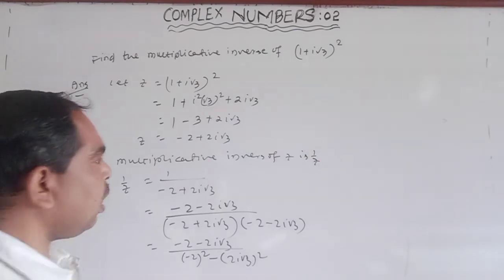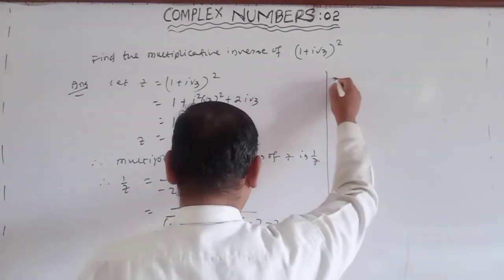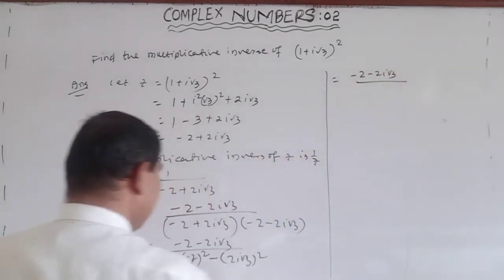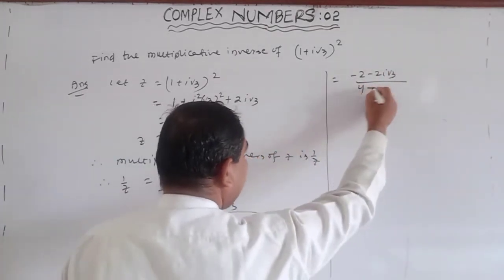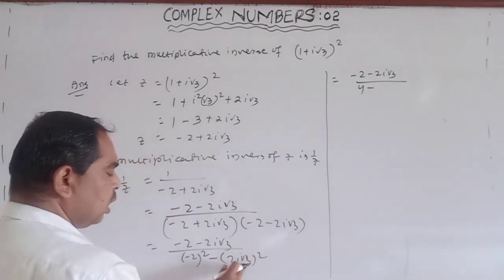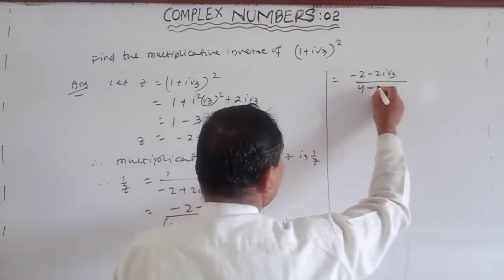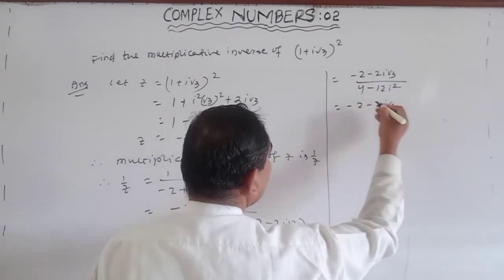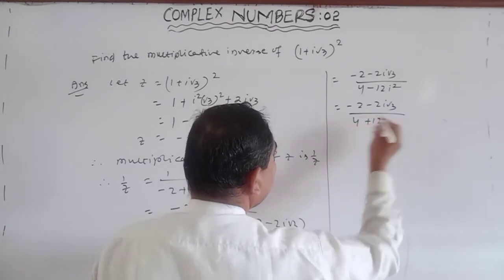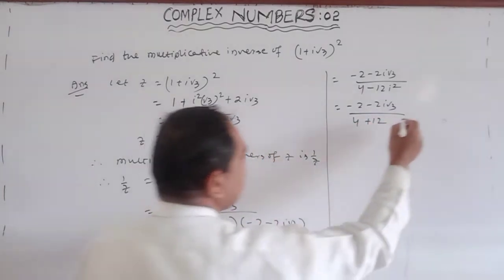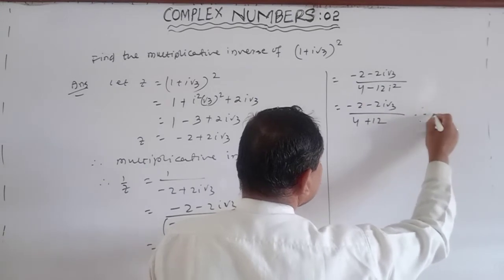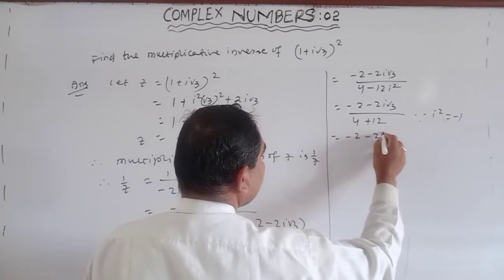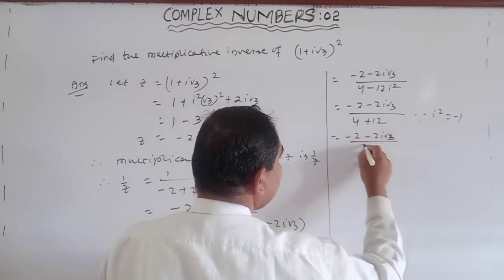So is equal to minus 2 minus 2i root 3 divided by minus 2 square, means 4, minus 4 into 3 into i square, 4 into 12 i square, that is minus 2 minus 2i root 3 divided by 4 plus 12, since i square is equal to minus 1. So it is equal to minus 2 minus 2i root 3 divided by 16.